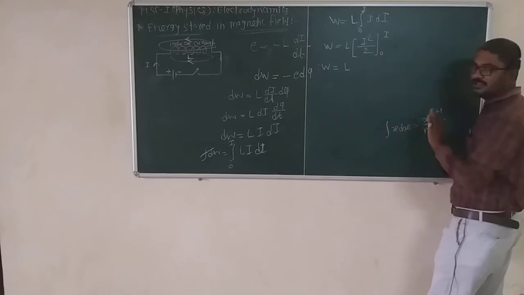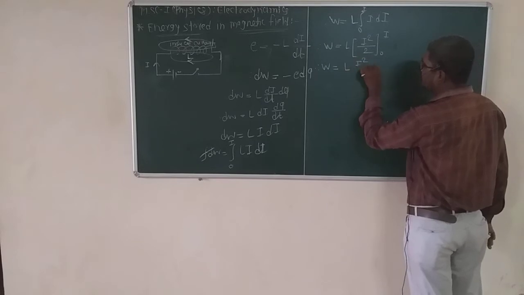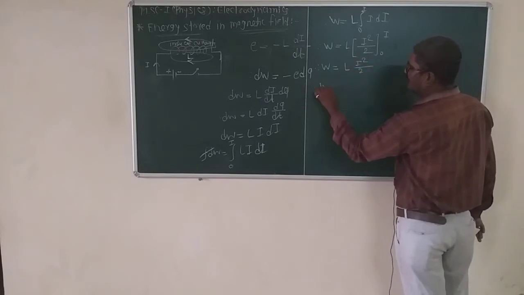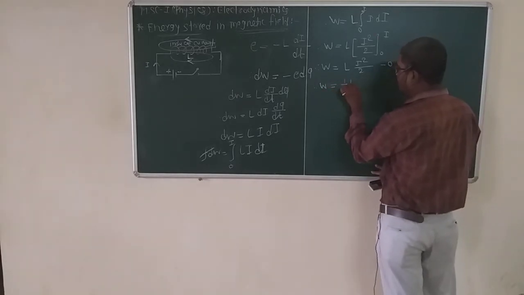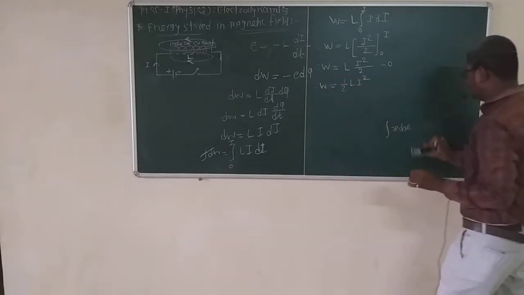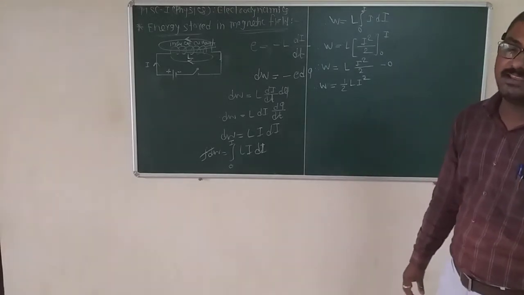That means I square divided by 2, minus 0, so W is equal to 1/2 L i square. The work done W is equal to 1/2 L i square.